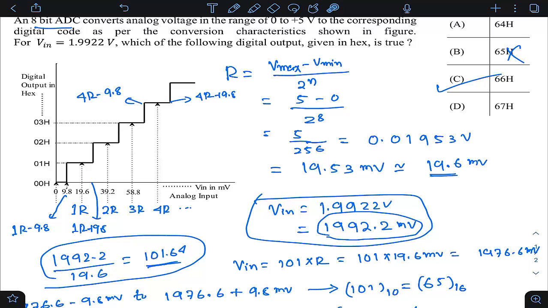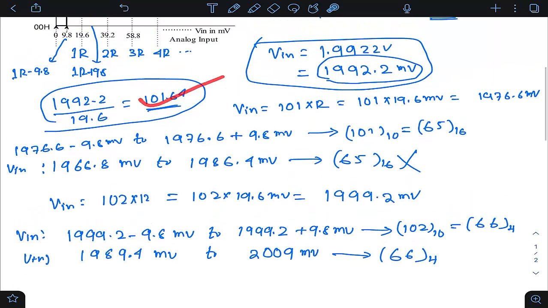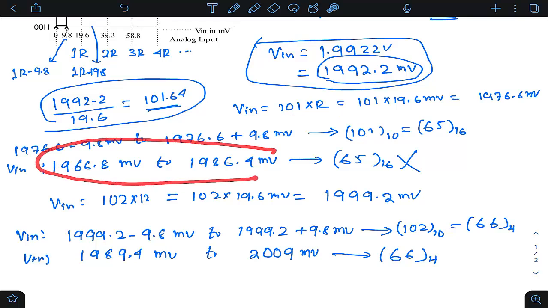These center points are integer multiples of the resolution, and the other extremes are plus or minus 9.8 millivolts. By dividing with the resolution, you got 101.64. I took 101 into R and calculated the range, but my voltage is not lying in this range.